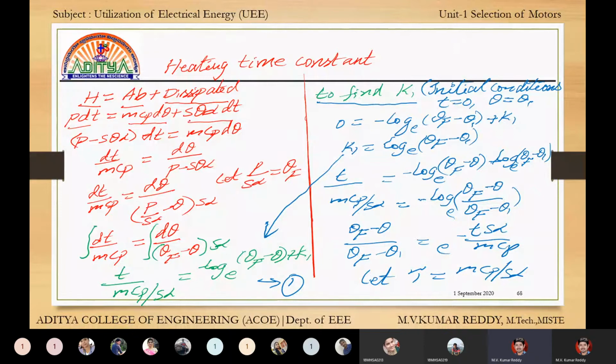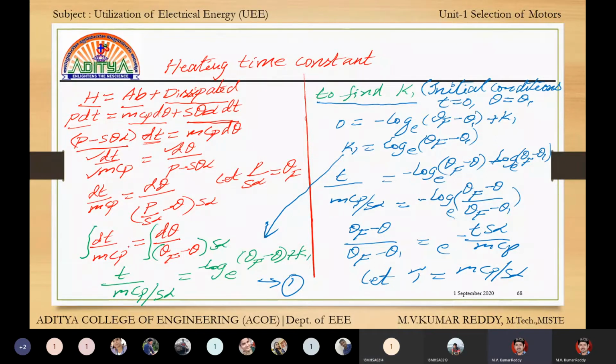Transferring this term to the left hand side, we get P minus Sθα, with dt common. Rearranging, we get dt by mc equals dθ by (P minus Sθα).